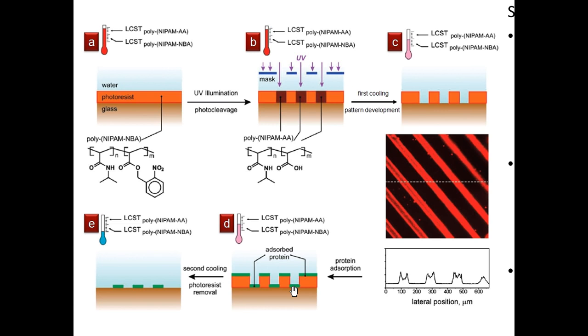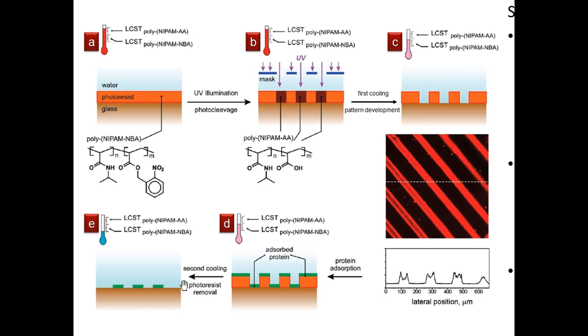So these proteins can physisorb on the surface, and there's also some protein on top of the photoresist. Now when we do the second cooling, you go down to even lower temperatures, and this layer of photoresist dissolves, and that takes the protein layer on top of it with it. So you're left with a nice pattern of proteins, as you can see here.